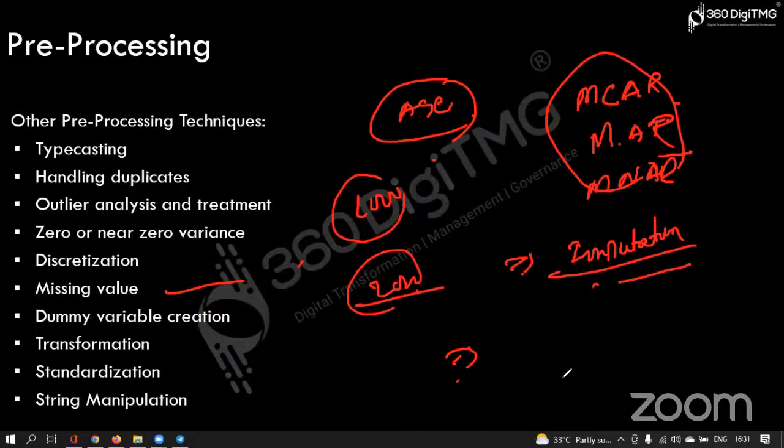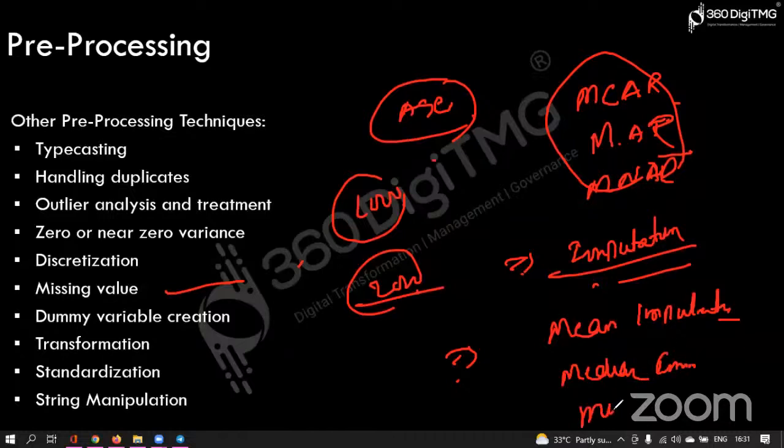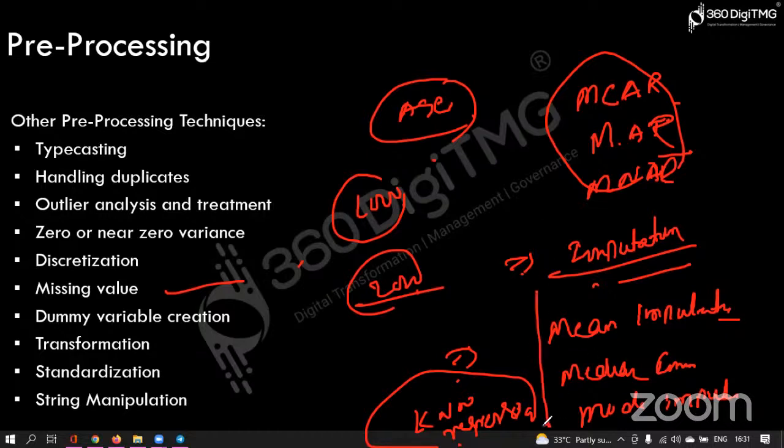Like we have mean imputation, median imputation, and mode imputation as well. We have other imputations as well, like KNN and regression. Based on your requirement, you can go with any imputation technique.